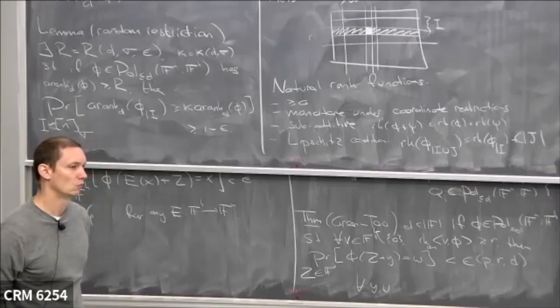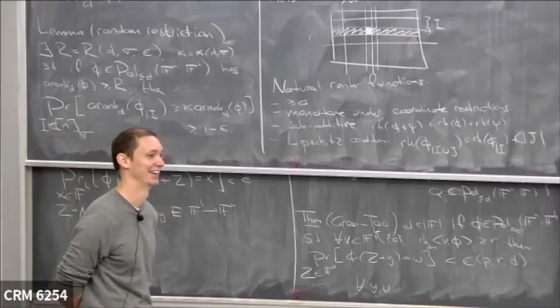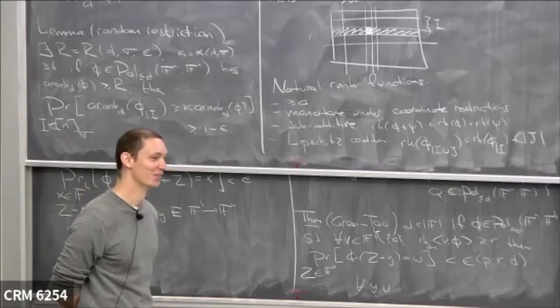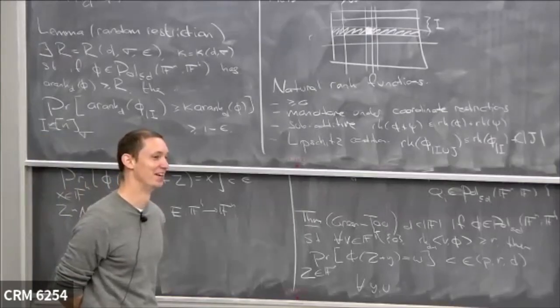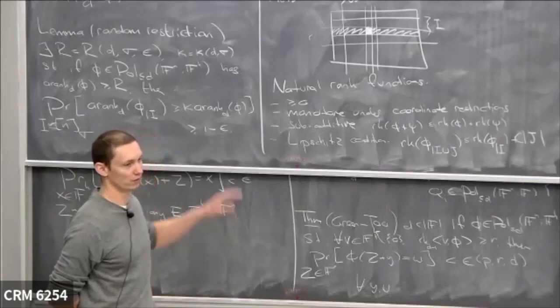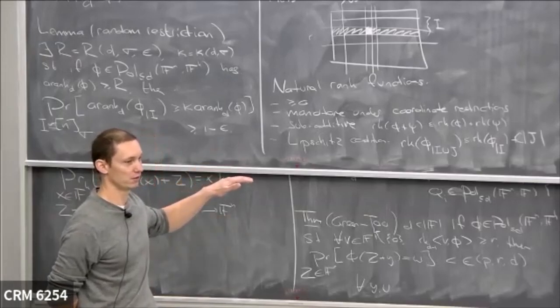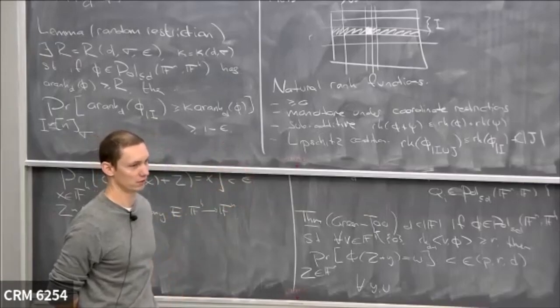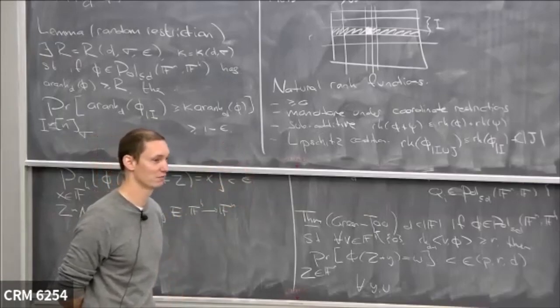Many things are not. It's also a terrible function. It's the reason we added this condition. But we listed the minimal conditions we needed to prove the result. So I suppose you could ask that for natural rank functions, sure.